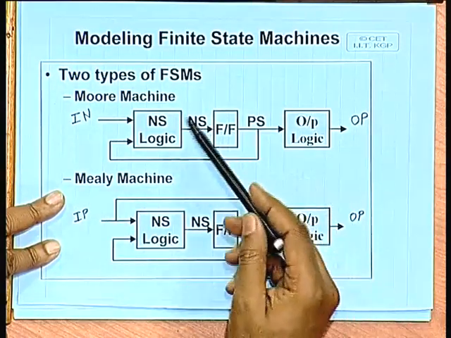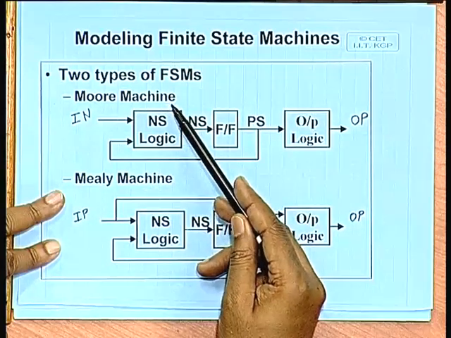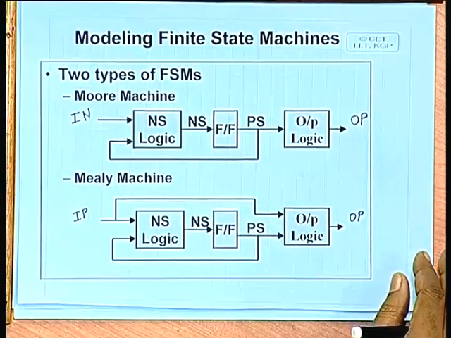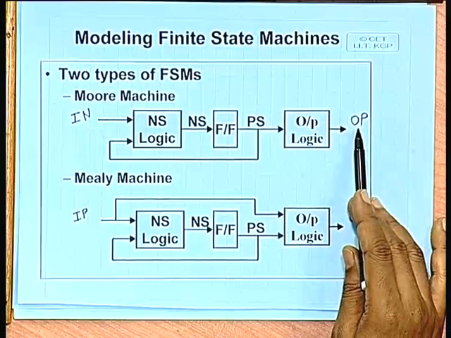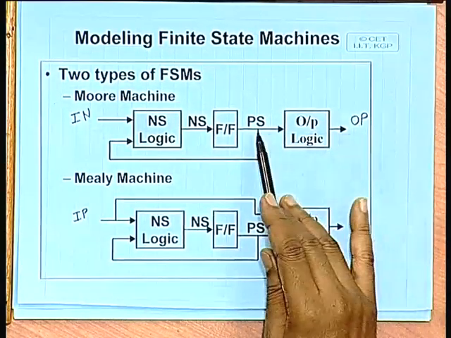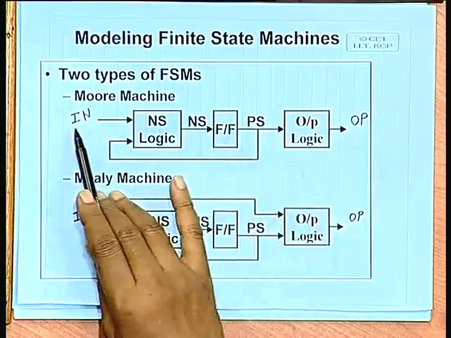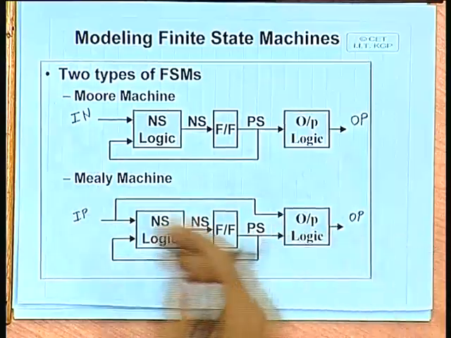So, we will see how we can model both these classes of machines, Moore and Mealy, with the help of some examples. First, let us talk about a Moore machine, where the output can be directly derived from the state without using the present value of the primary inputs.